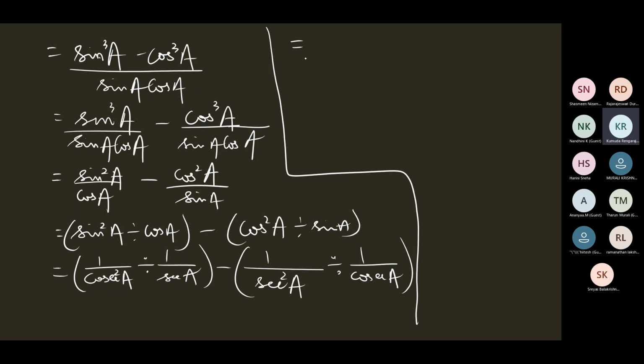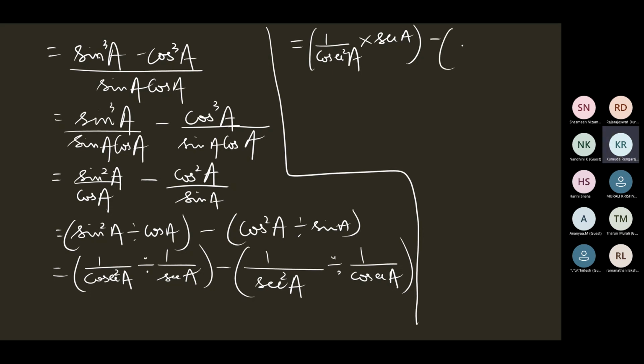I'm continuing here. Now in the first bracket, 1 by cosecant square A into secant A. Division becomes multiplication: the reciprocal of 1 by secant A is secant A. Children, when division becomes multiplication, we write the reciprocal of the next term. Minus 1 by secant square A into cosecant A. This is the normal mathematical rule, nothing to do with trigonometry.